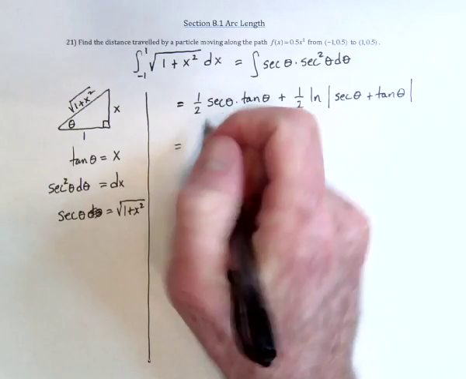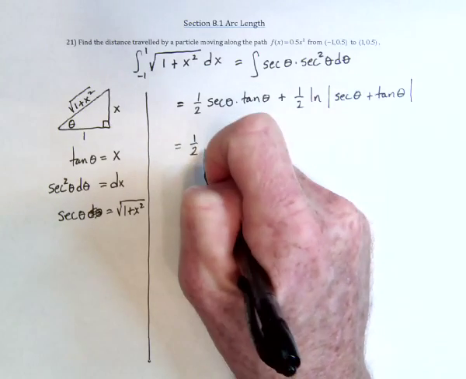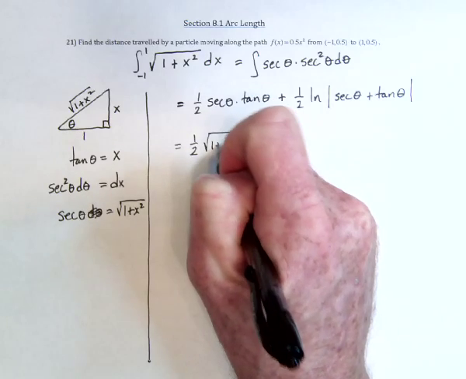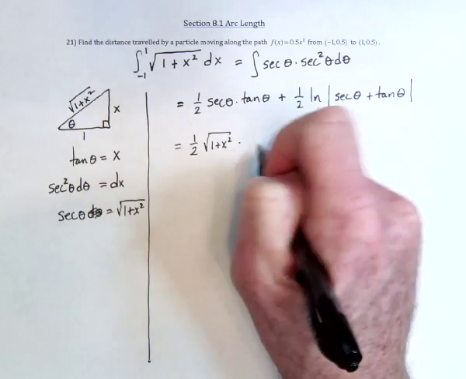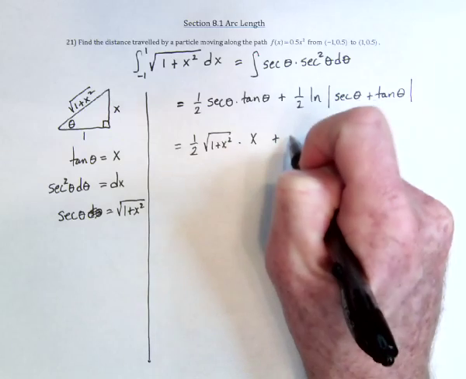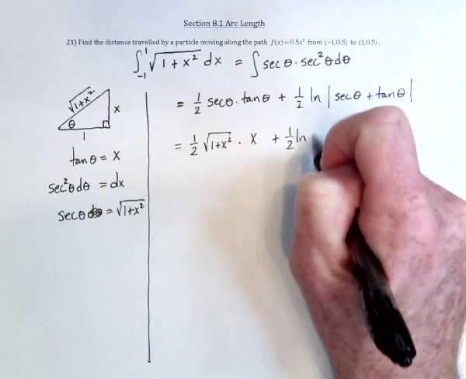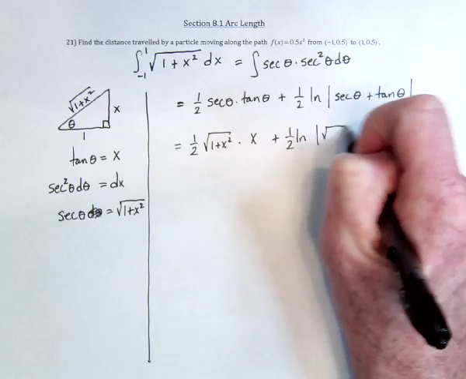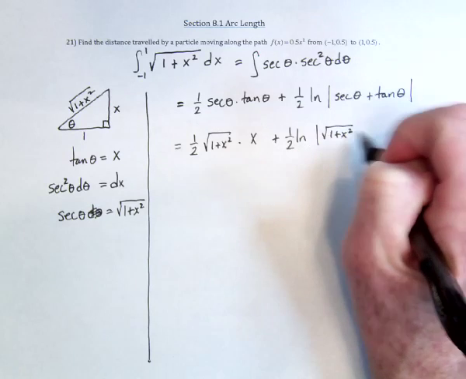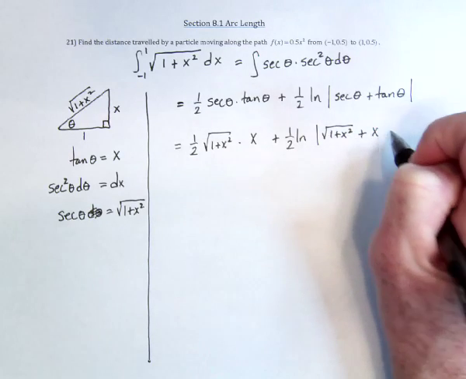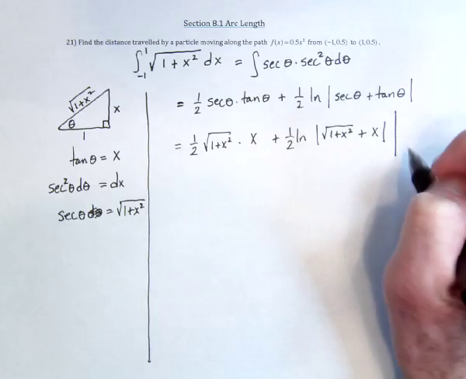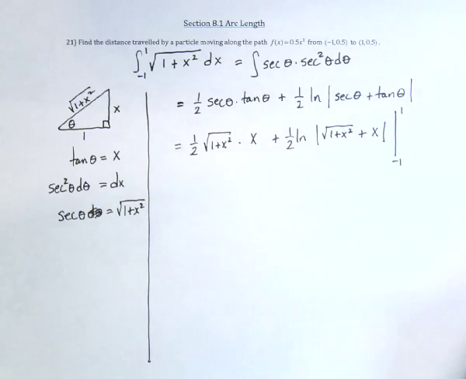So we've now got 1/2 the radical 1 plus x squared, the tangent is an x. And then 1/2 the natural log of the radical 1 plus x squared plus replace tangent with an x. Finally, put the limits back that x ranges from -1 to +1.